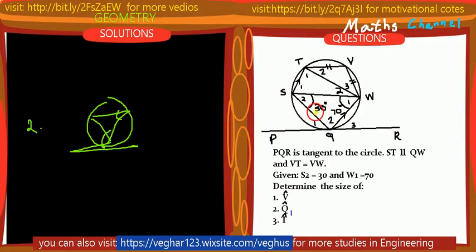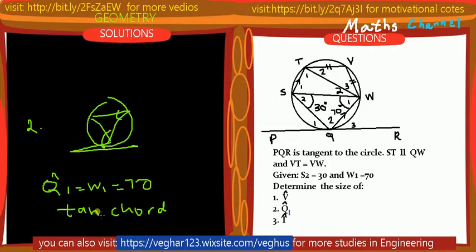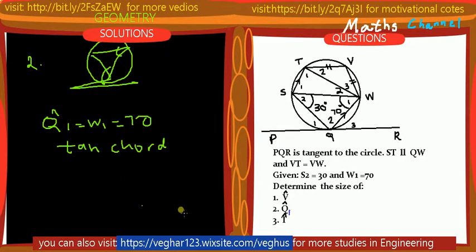So this angle here is equivalent to this one, and then you're looking for Q1. So we would say the reason is the tan-chord theorem. So that's number 2.